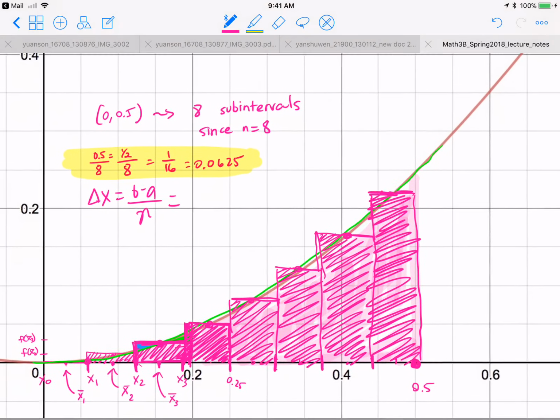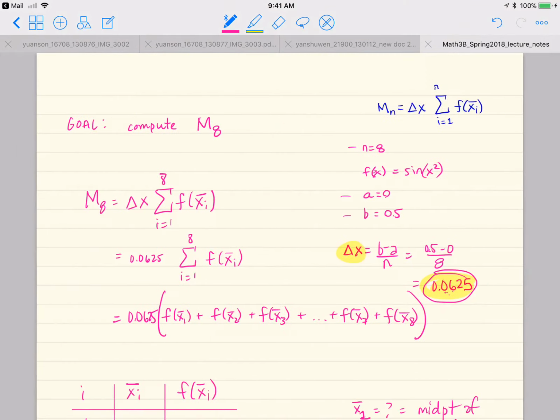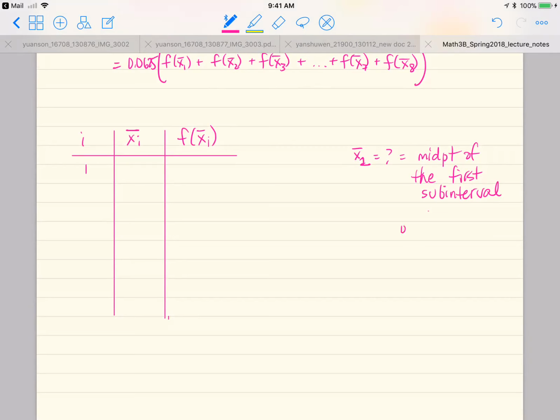And now what is the first subinterval? The first subinterval goes from 0 to 0.0625. This is the first subinterval. So what's the midpoint of this? Well, we just need to take 0.0625 and divide it by 2.